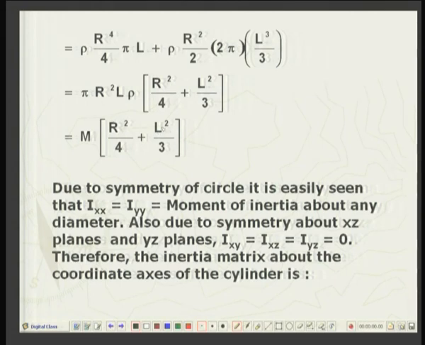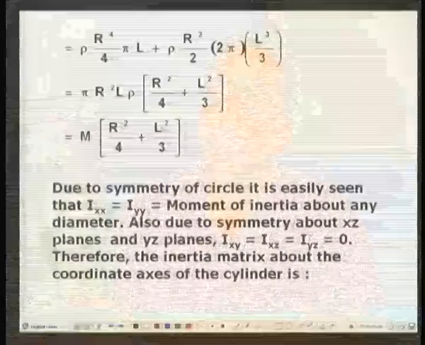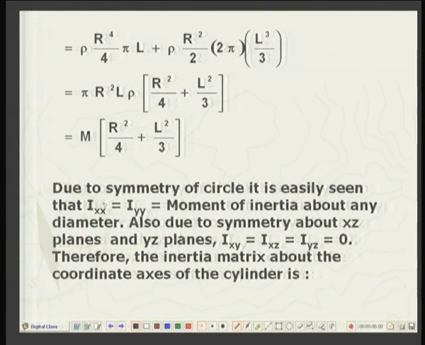We have seen Izz, and Iyy will be equal to Ixx, because the body is symmetric about any diameter, whether x diameter or y diameter, it will not be different. The product of inertia terms Ixy, Iyz, Izx will be 0, because of the fact that the body is symmetric about the middle plane.